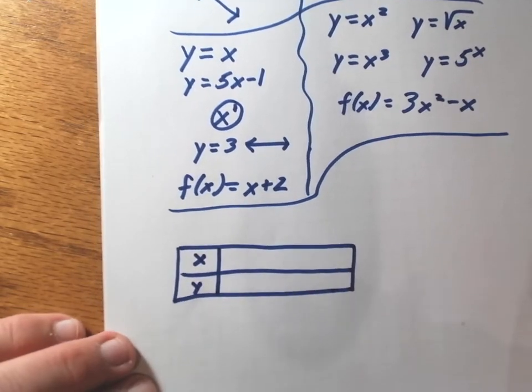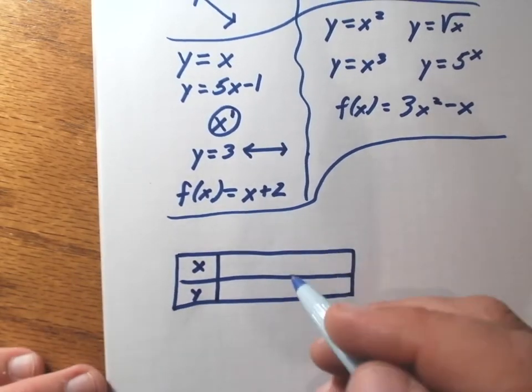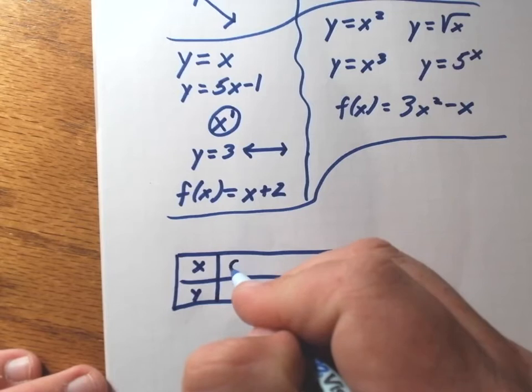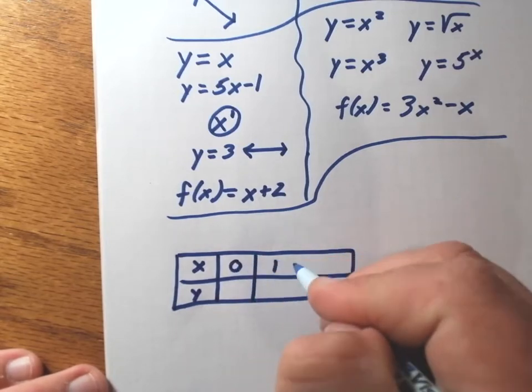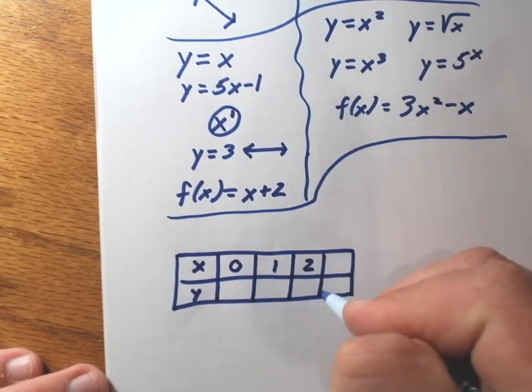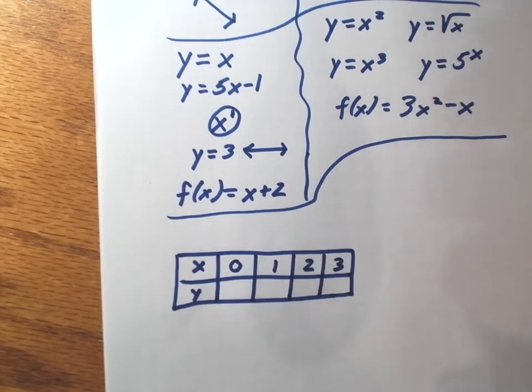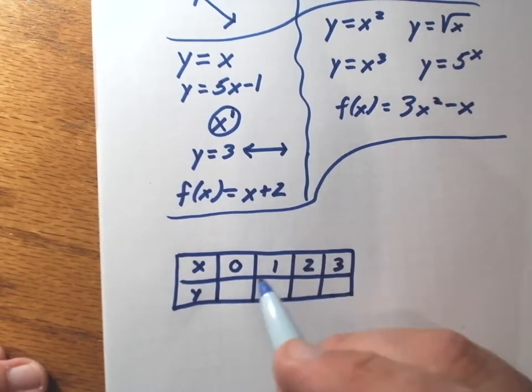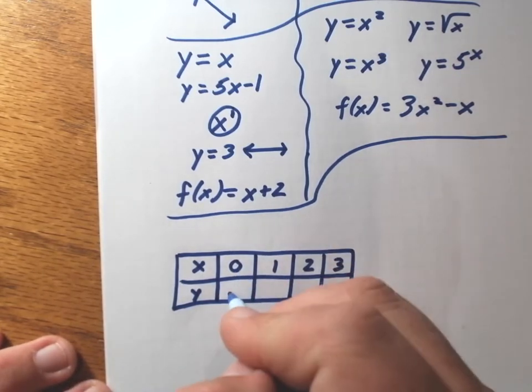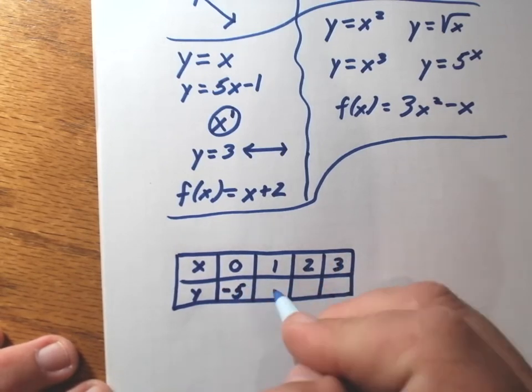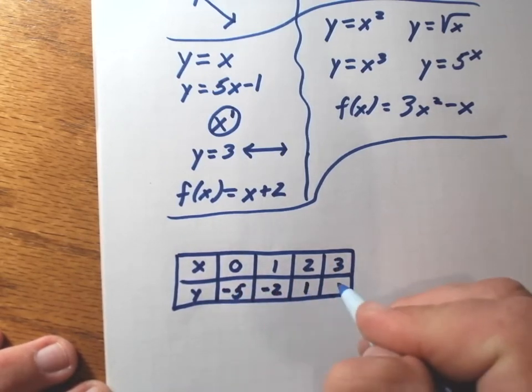I want to show you a function here, and I'm just going to make something kind of simple. 0, 1, 2, and let's say 3. And the range that's paired up with a domain of 0, let's say, is -5. And let's say this is -2, 1, and 4.